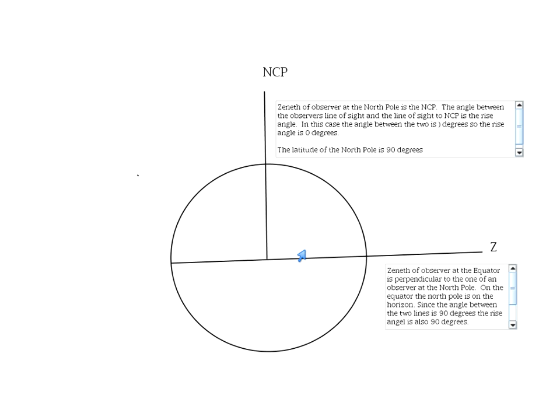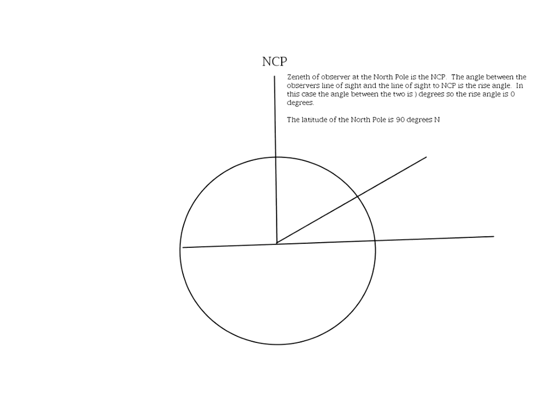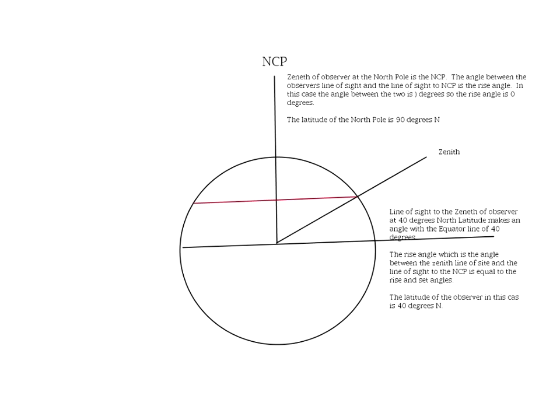Okay, so if we go to a situation where now the person is here, we have a person here at 40 degrees latitude. Remember, latitudes are like ladders; they're horizontal, like the crossbars in the ladder.